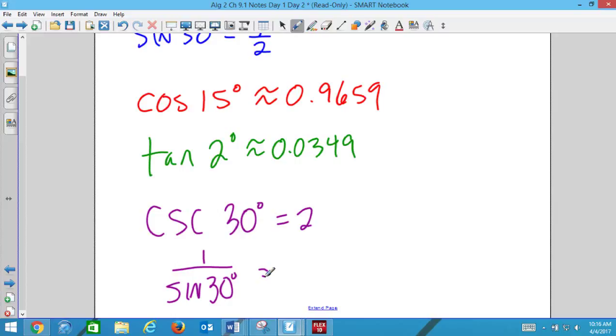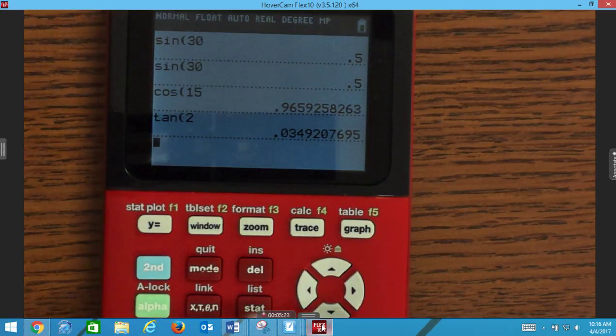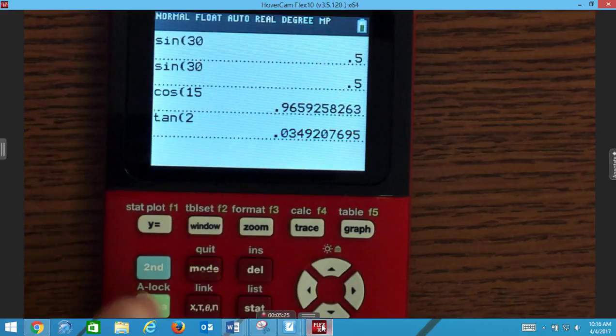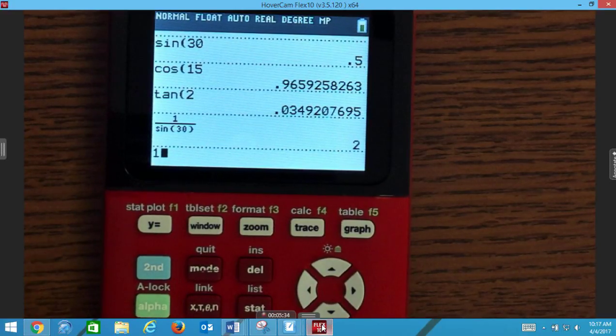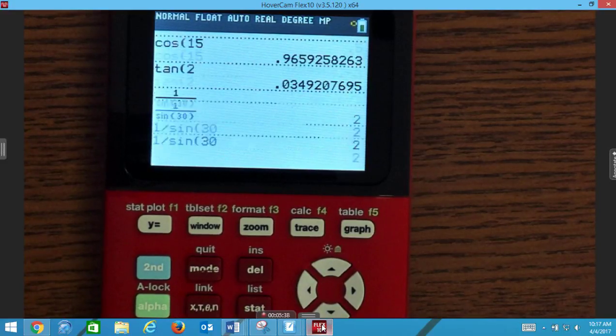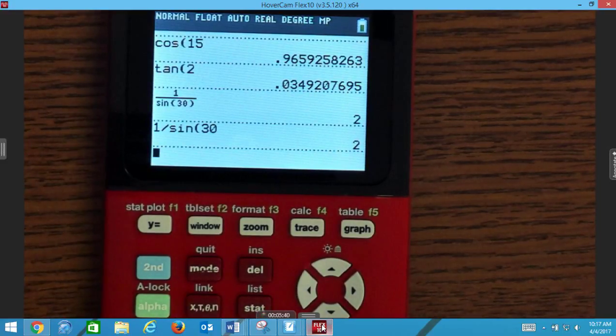Just type it in your calculator, and depending on which calculator you have, you could either do alpha y equals 1 over sine 30, or you could do 1 divided by sine 30 if you don't have the alpha y equals.